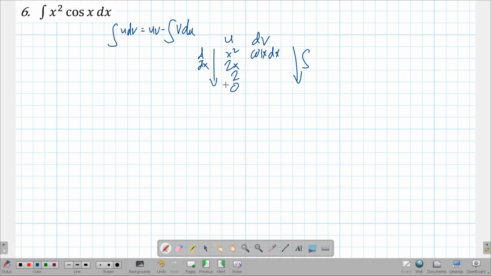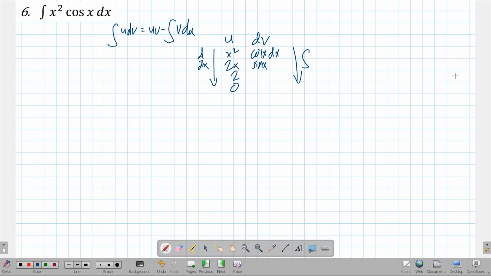So from here, the integral of cosine x, as we know, is equal to sine x. We can just remove the dx at this part.